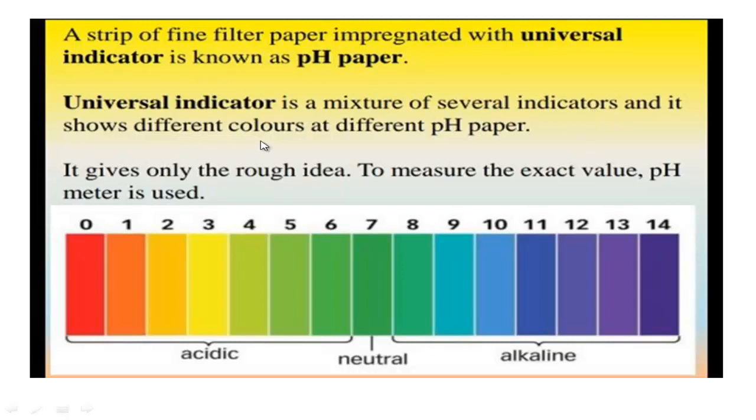You know, it shows different colors at different pH. So when you get the solution of changed color, you have to match it with this pH paper. For example, if you get red color, then its pH value is 0. If you get orange color, then you have to consider that its pH value is 1, like this.